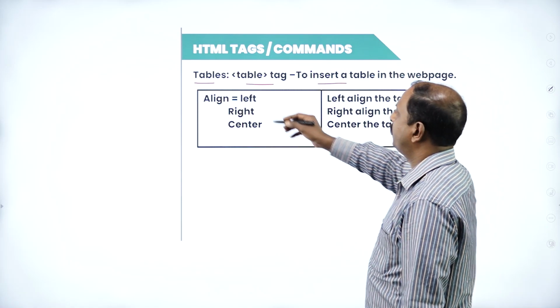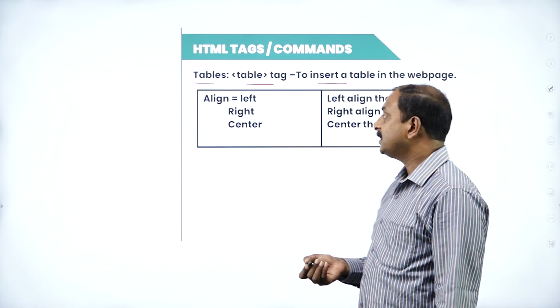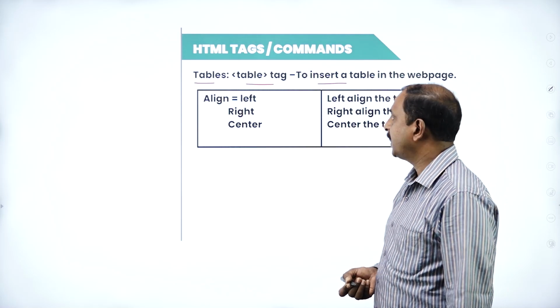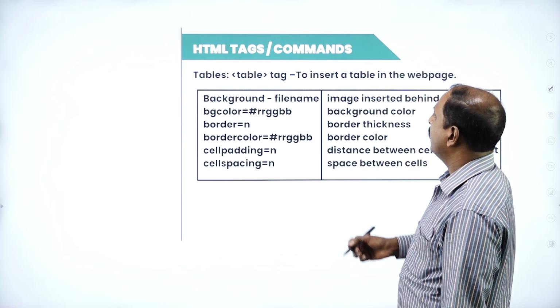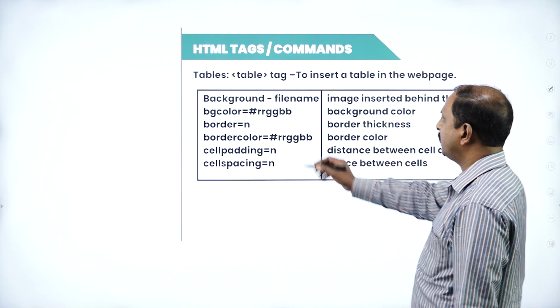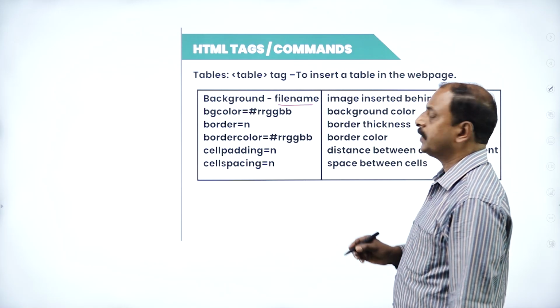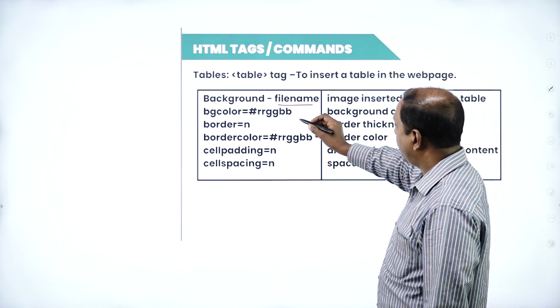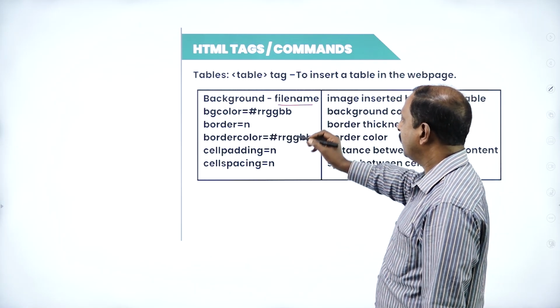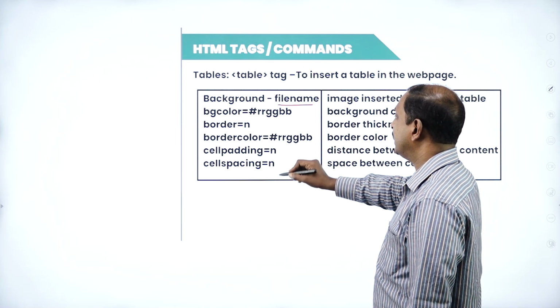These are different attributes we can use inside the table tag. Now let us see other attributes of the table tag. You can use background for a particular table, background color, border, border color, and cell padding and cell spacing.